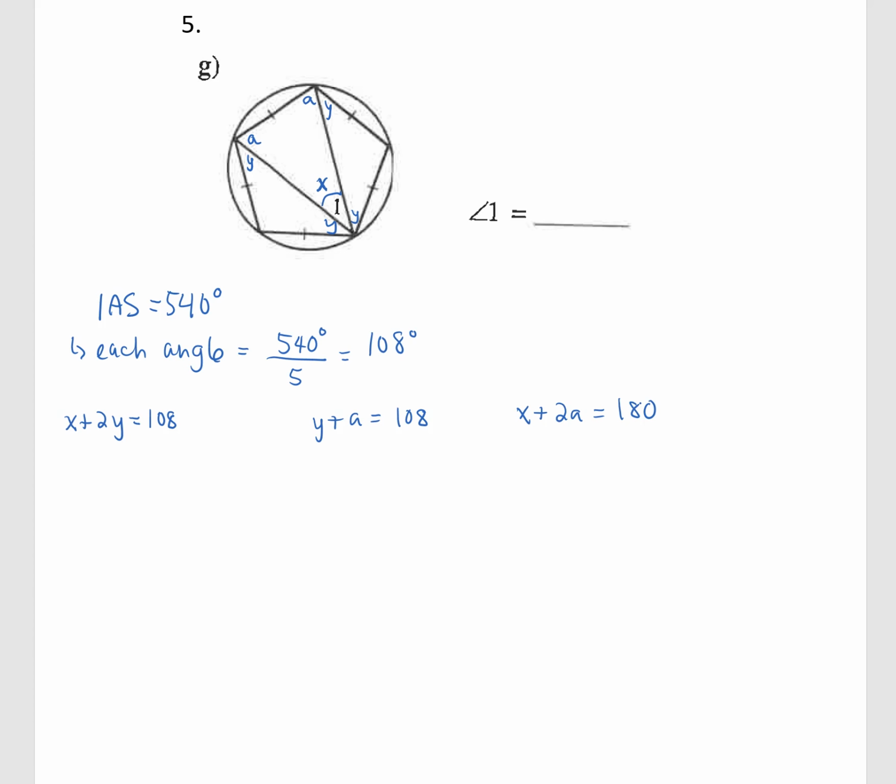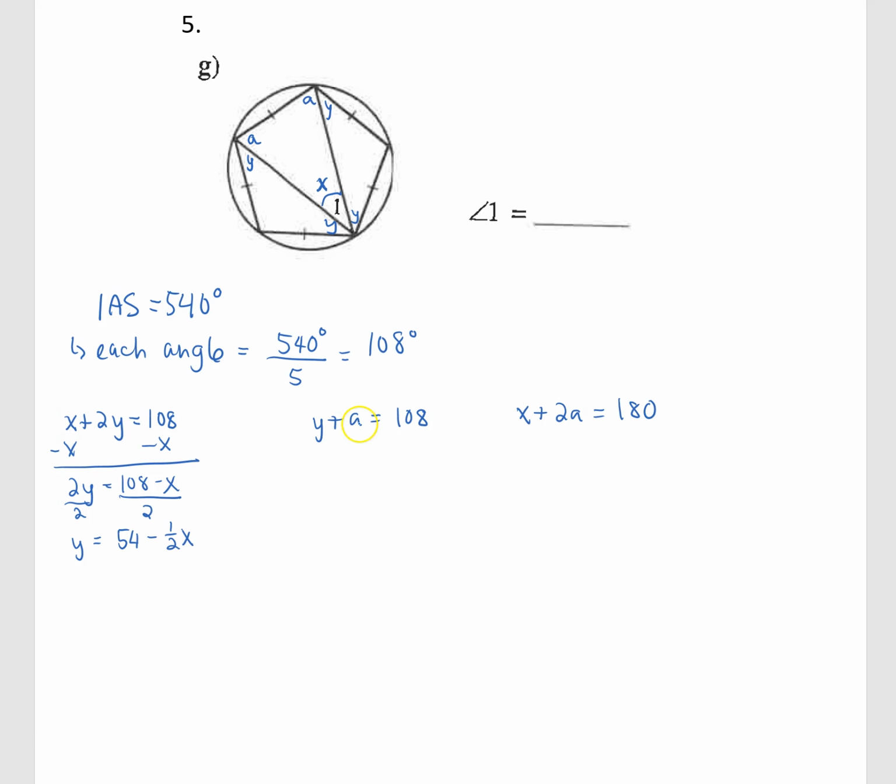To do that, I'm going to first solve for y in terms of x in this equation. I subtract x on both sides, which gives me 2y is equal to 108 minus x. Dividing by 2 on both sides, I get y is equal to 54 minus 1/2 x.